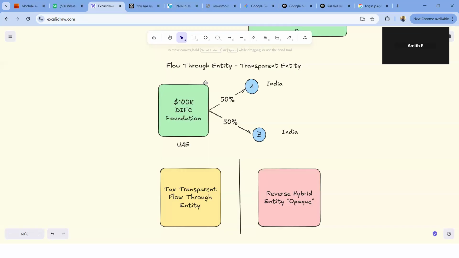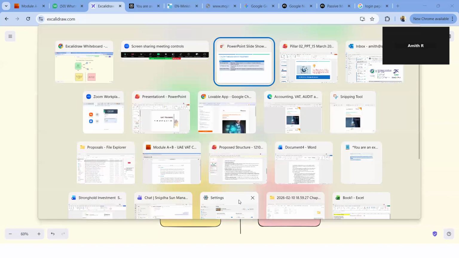Hmm? So when you get a flow through entity, you have to identify whether it is a tax transparent entity or a reverse hybrid entity. Okay. Now, because the allocation is different for both. Okay.